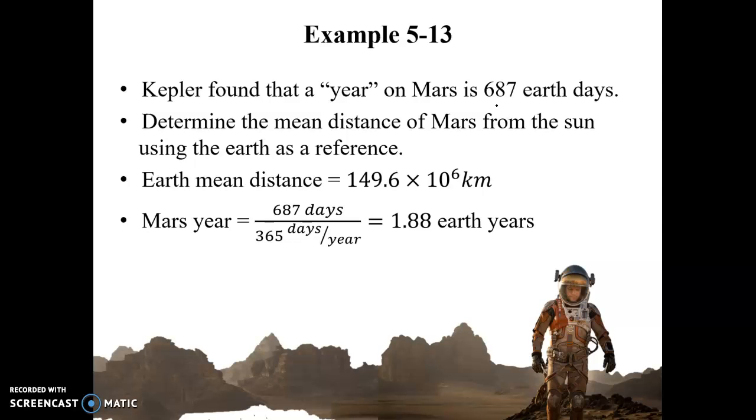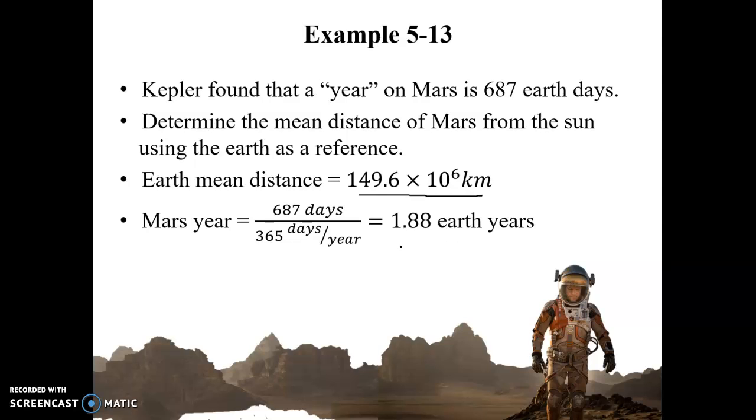So let's take that knowledge and apply it to this question here. If a year on Mars is 687 Earth days, we want to determine the mean distance from Mars to the sun based on what we know about the Earth. We know that the mean distance from the Earth to the sun is 149.6 times 10 to the 6 kilometers.